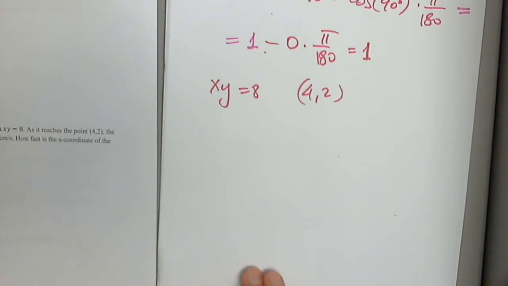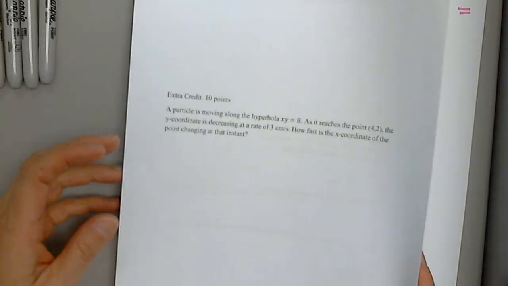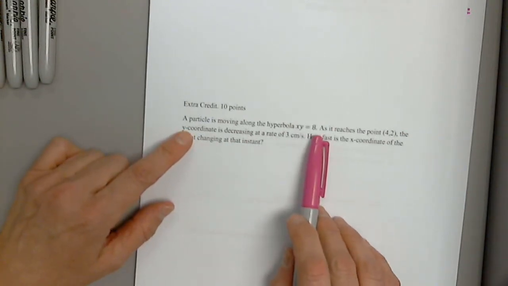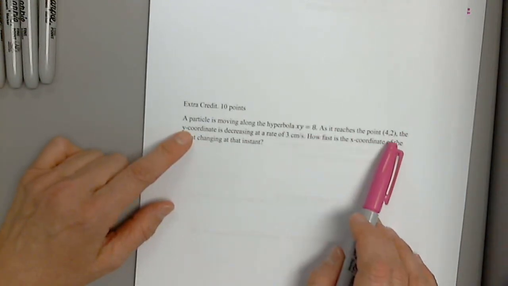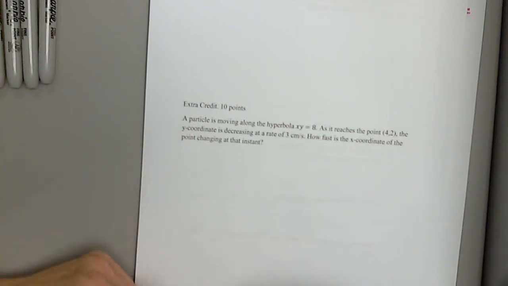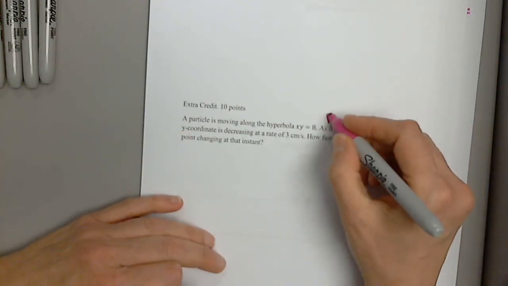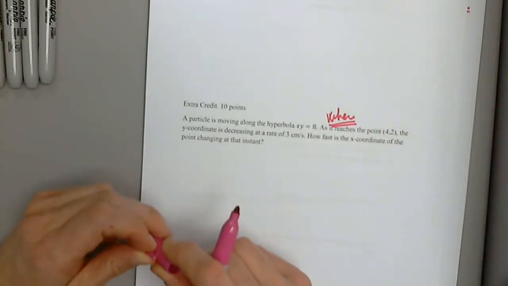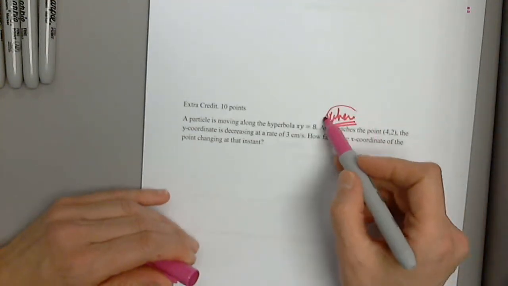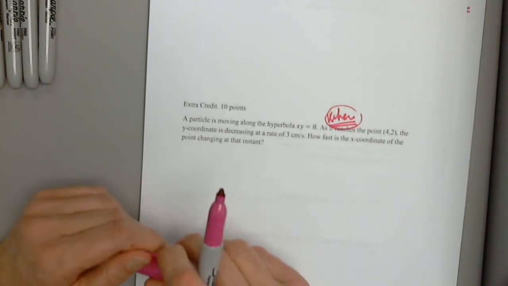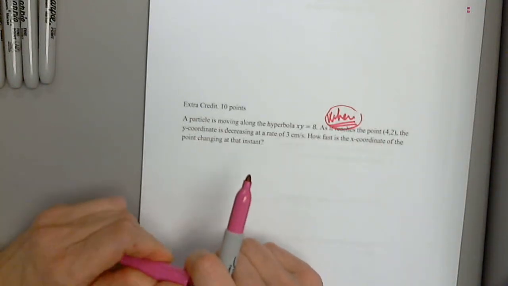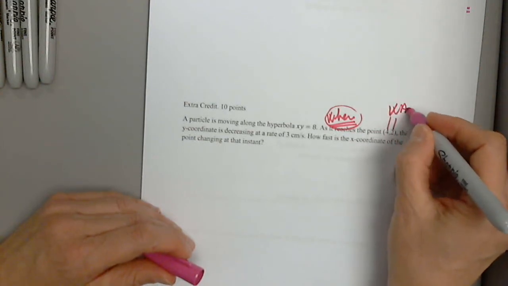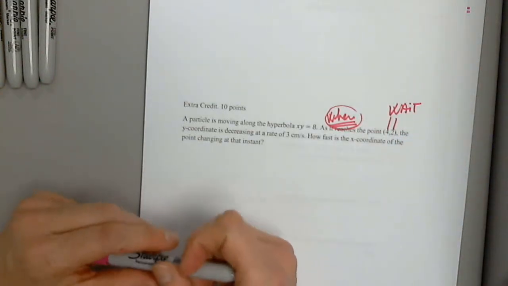Any questions? Okay, let's read the last problem here. A particle is moving along the hyperbola xy equals 8. As it reaches the point 4 comma 2. Now remember, this is the word when. In related rates, when you get to the word when, or something that implies the word when, remember these have to wait until the end.